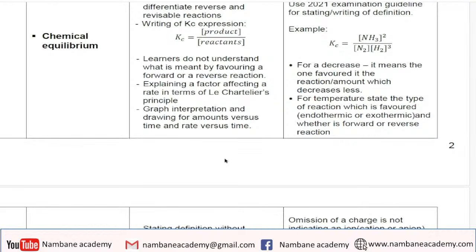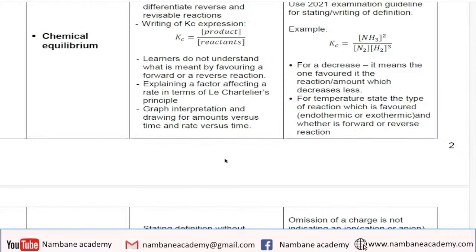The one that increases more is the one that was favored by that disturbance. If they go down, both of them, the one that decreases less is the one that is favored. Very, very important. When they go up, the one that goes up more is favored. When they both go down, the one that goes down less is the one that is favored.